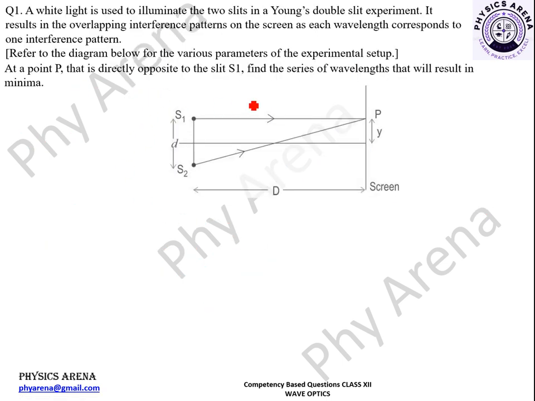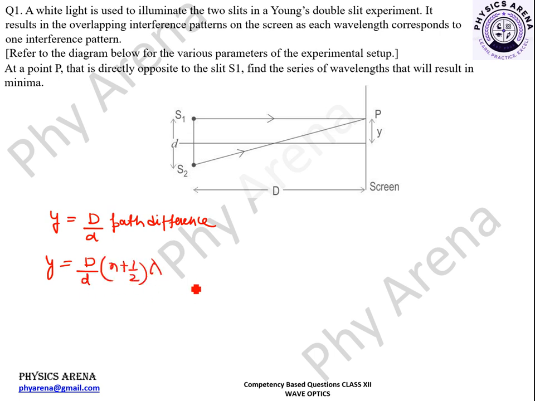So in the question it is given that at point P we are having minima. So what I can write, y is equal to capital D upon small d into path difference. And since this is minima, I can write this path difference as n plus half lambda. So y can be written as capital D upon small d multiplied by n plus half lambda.